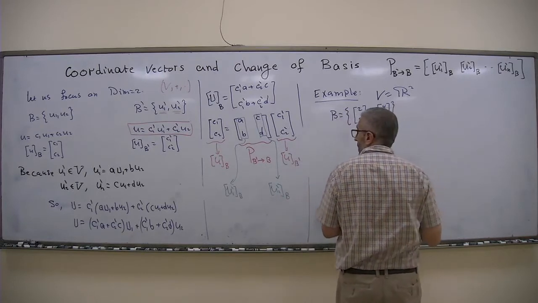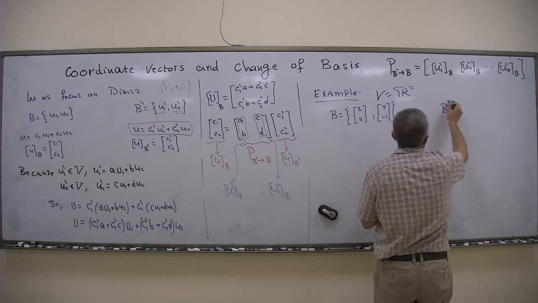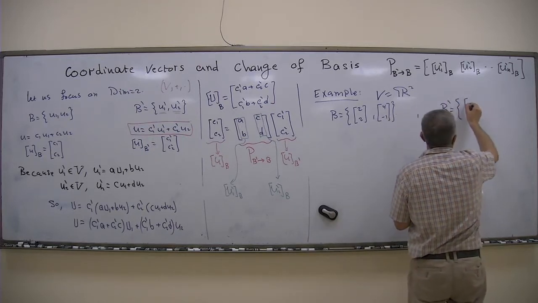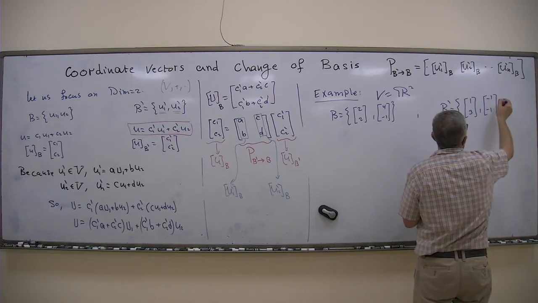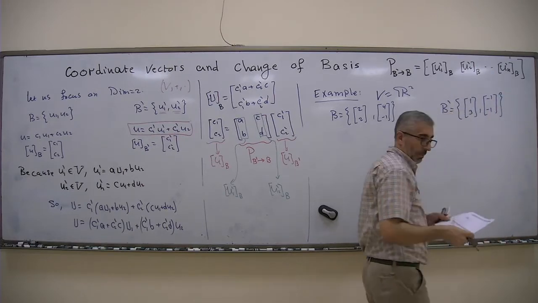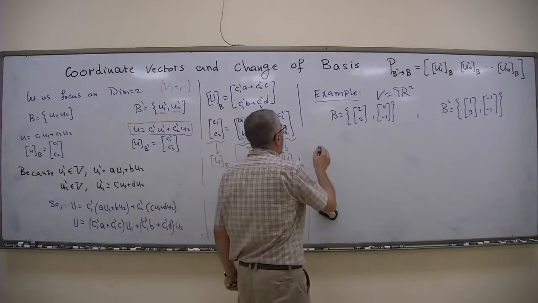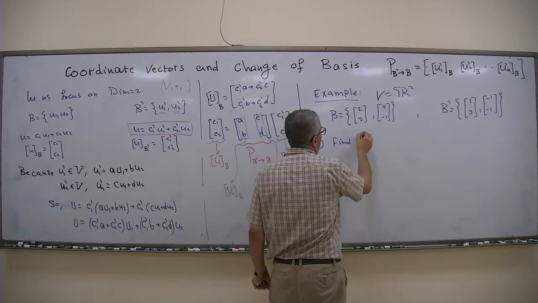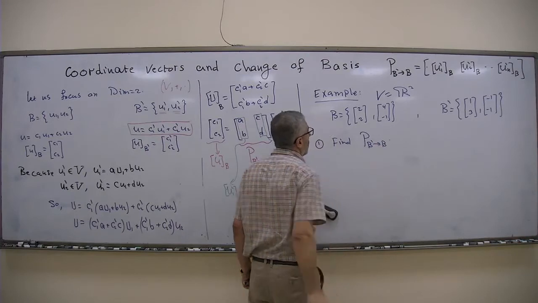My second basis here is (1, 3) and here (-1, -1). Okay? Number 1, find the transition matrix from B prime to B.